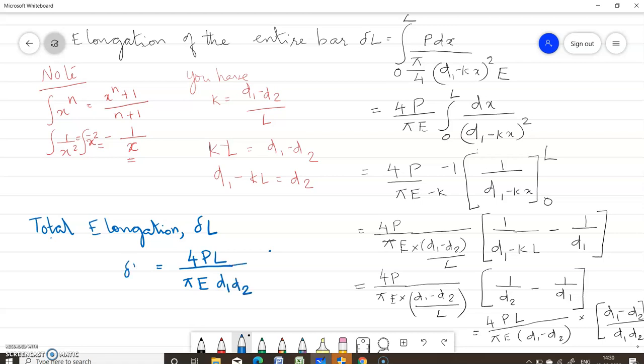Okay, so this is the total elongation for a tapering rod.